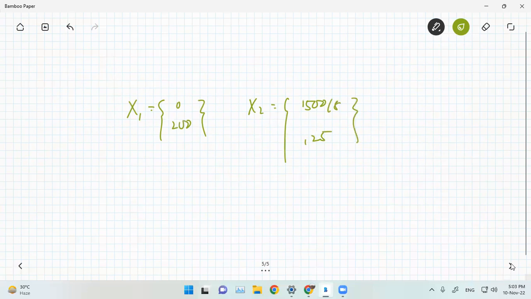Any other optimum point, x star, can be lambda X1 plus 1 minus lambda X2, where your lambda values range from 0 to 1.